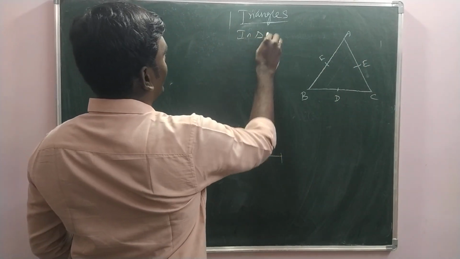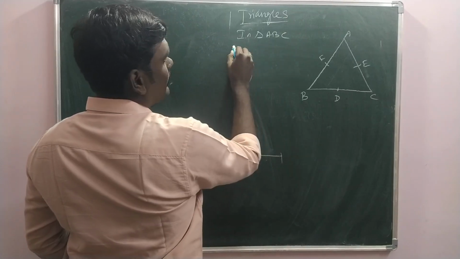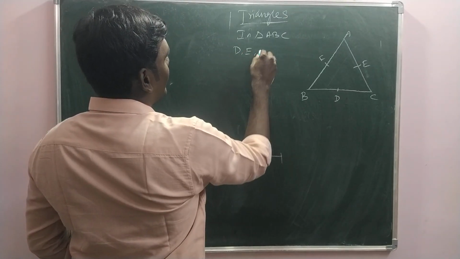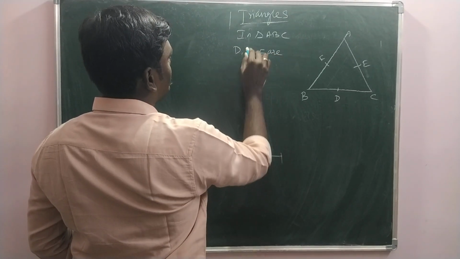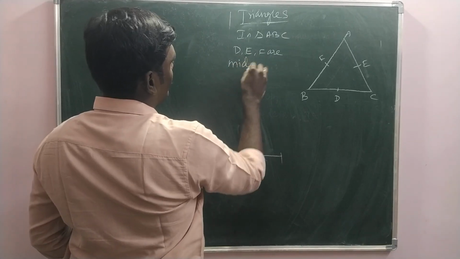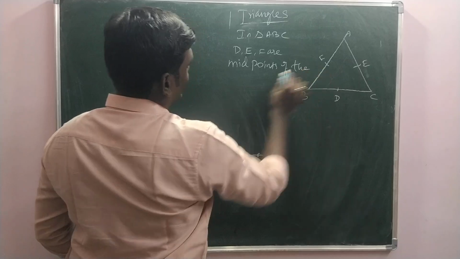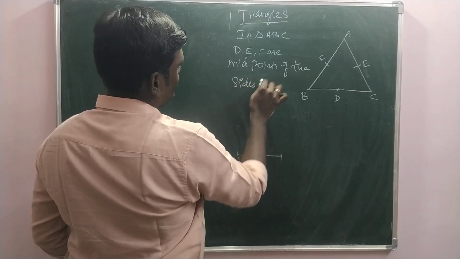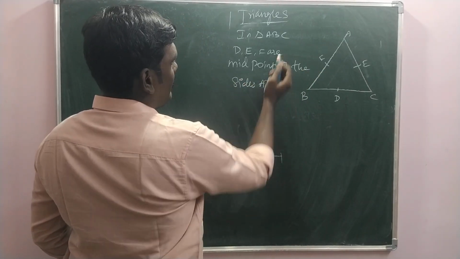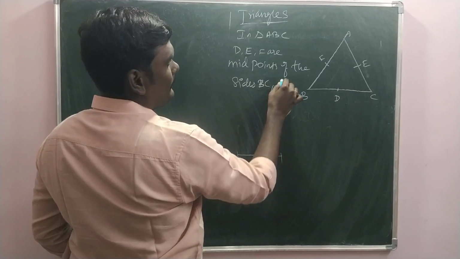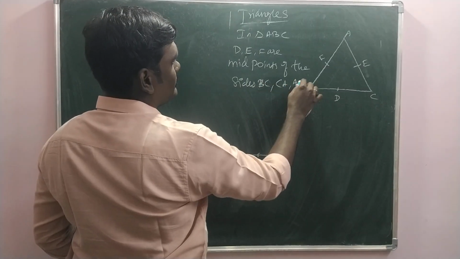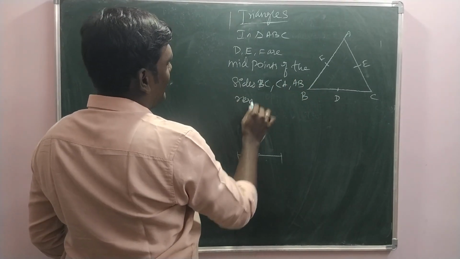So in triangle ABC, the points D, E, F are midpoints of the sides BC, CA and AB respectively.